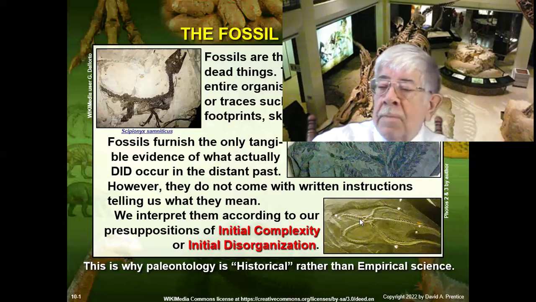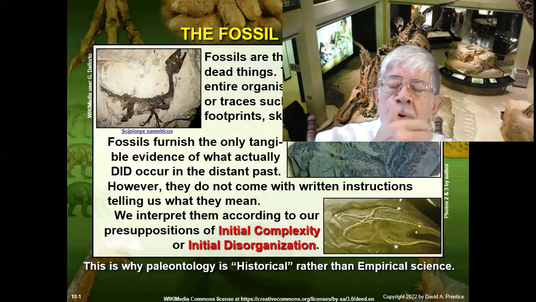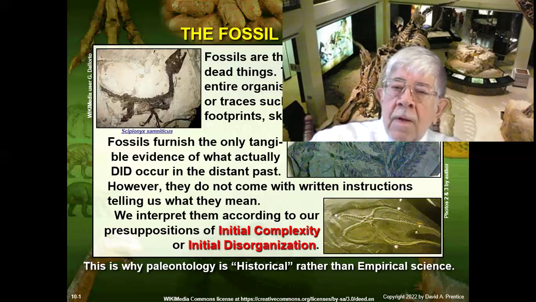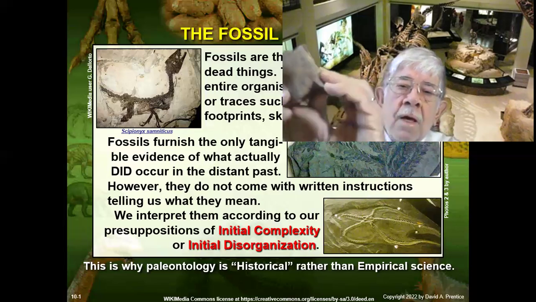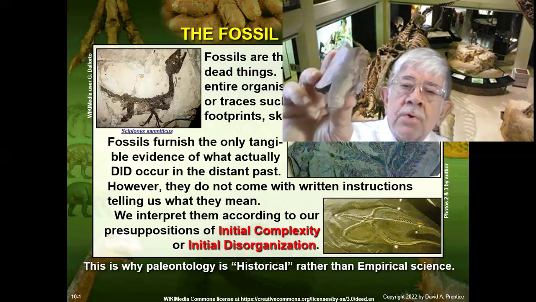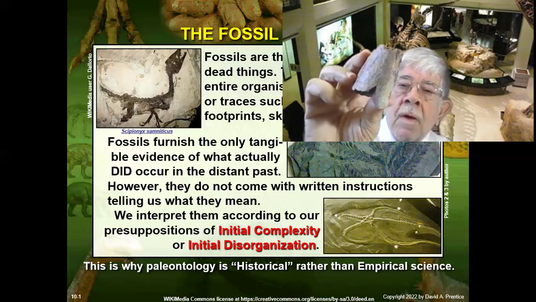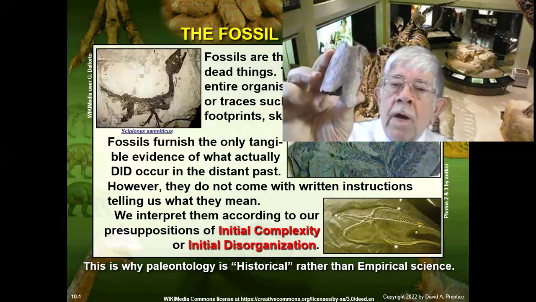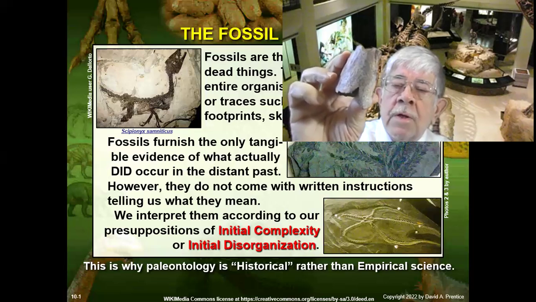Okay, fossils can be an entire organism, and there are an incredible number of fossils that have been found in the world, or they can be parts of an organism. For instance, this is a part of a dinosaur femur, a leg bone. I got this one up in Wyoming at the Lance Creek Formation.